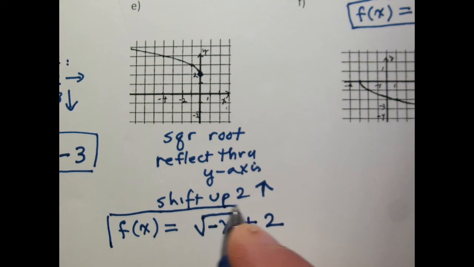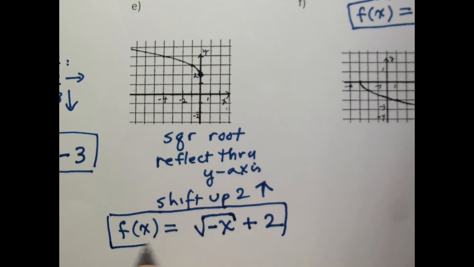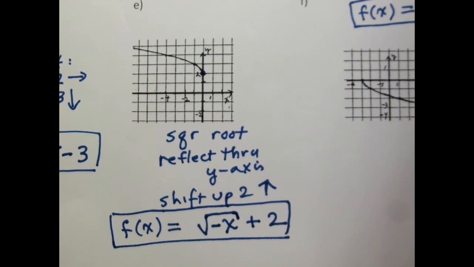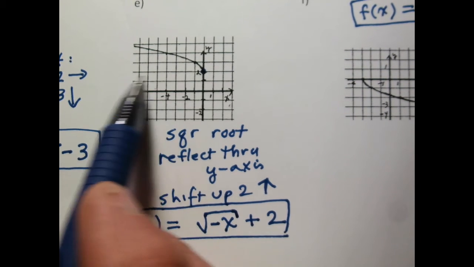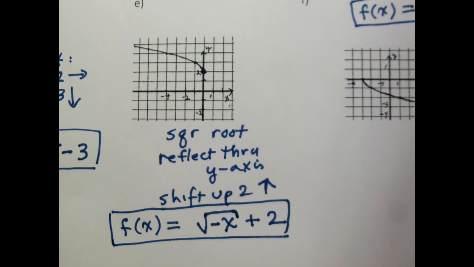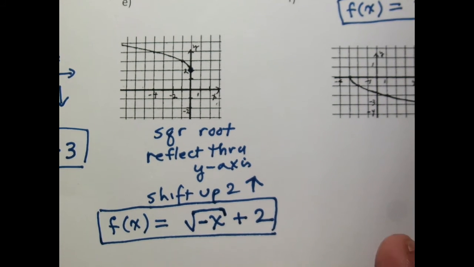That's funny looking. But see, that's a function you can plug in negative values of x into, and get something that makes sense. And this is a function that's defined for negative values of x. So square root, okay, with 2.